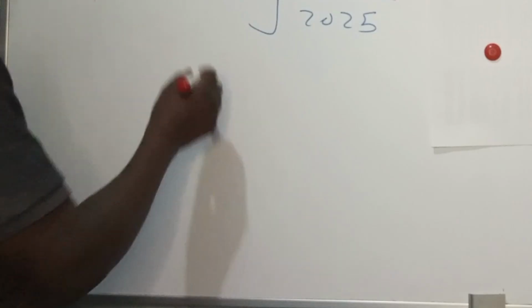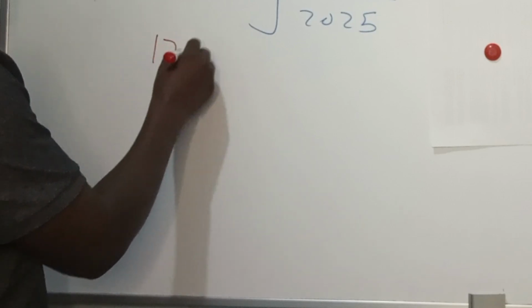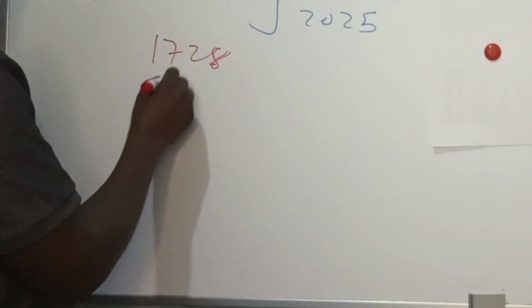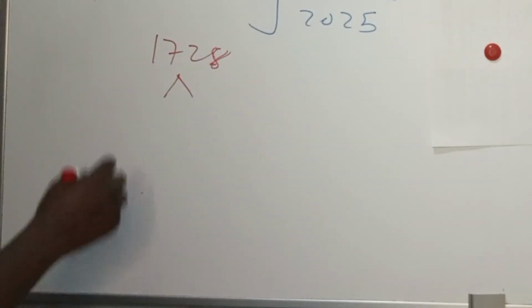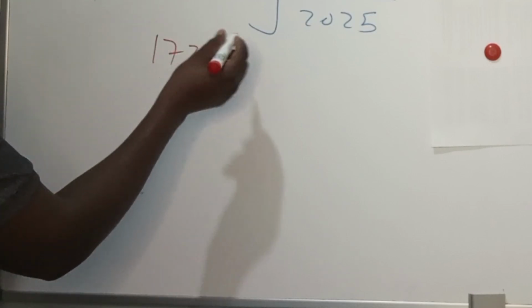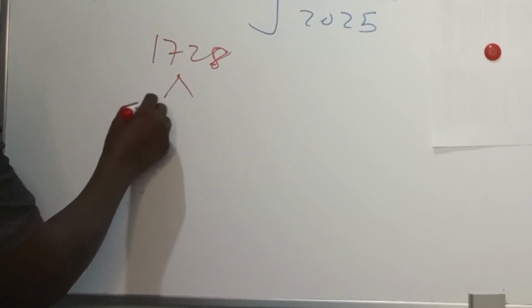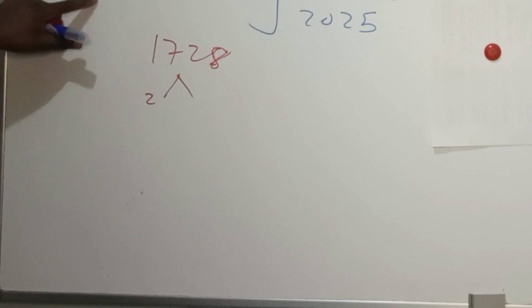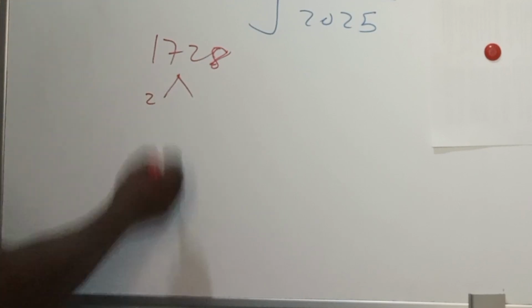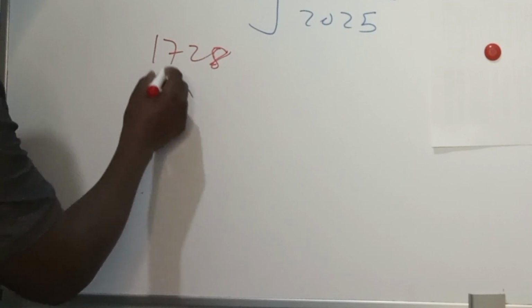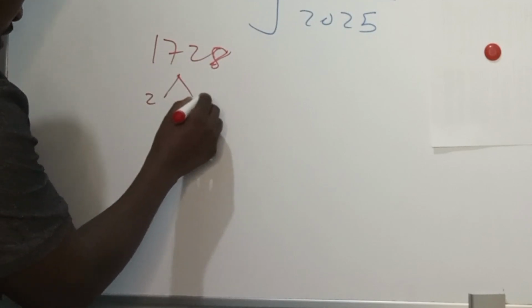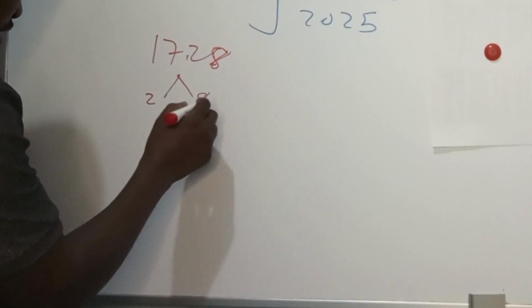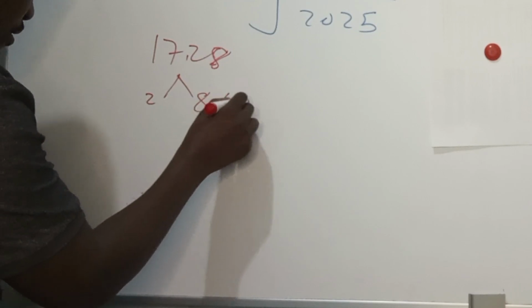Now, you come to 1728. Expressing as prime factors, you're supposed to use the tree diagram. So the first prime factor is 2, since this number is divisible by 2. You take 2, you have 864.